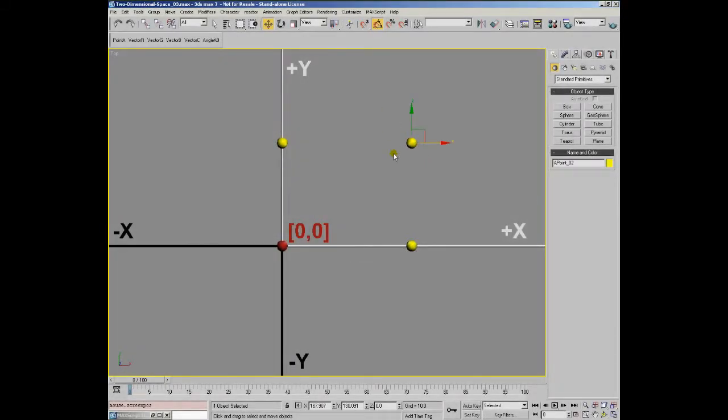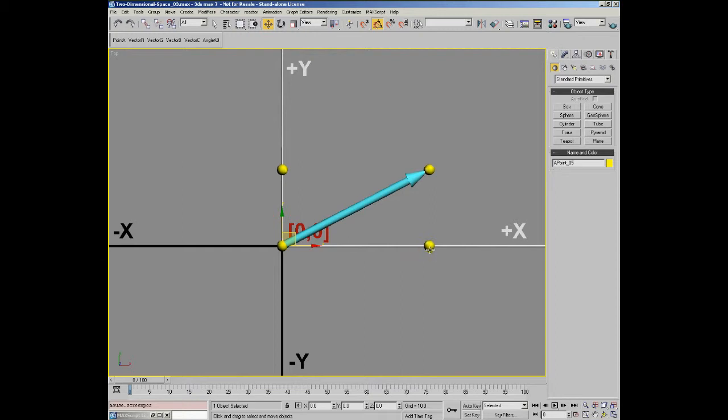The Point2 value can be also represented as a two-dimensional vector connecting the origin of the coordinate system and our point. The x-coordinate of our Point2 value can be seen as the projection of the two-dimensional vector onto the x-axis of the coordinate system.